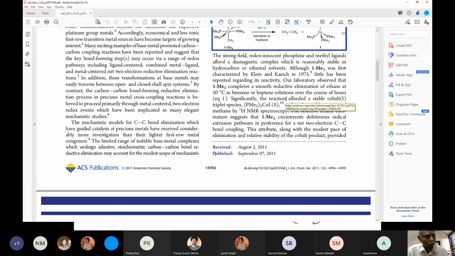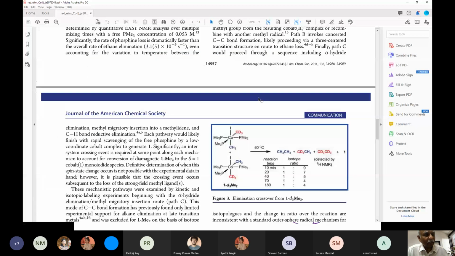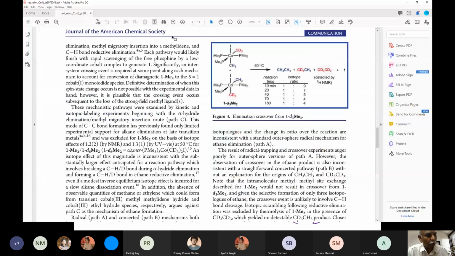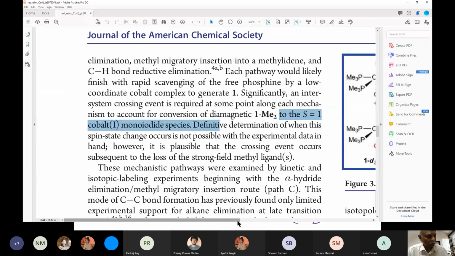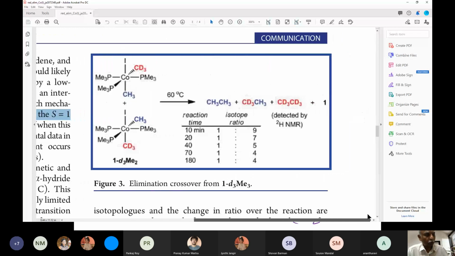As a result, it had multiple exchanges, and the ratio was, let me just move, yeah, the ratio was found to be 1:9.